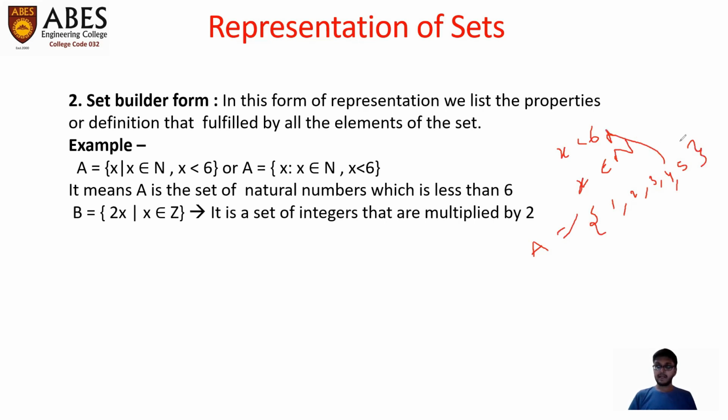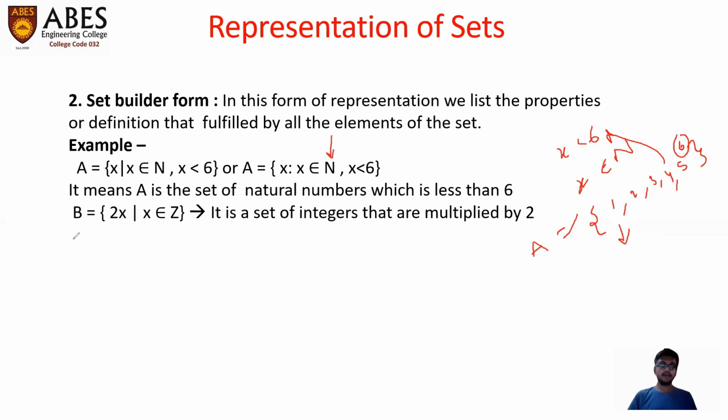If we write the element 6, it will not satisfy the condition, so we will not write it inside the set A. The cardinality will be 5. So this is the roster form and this is the set builder form.